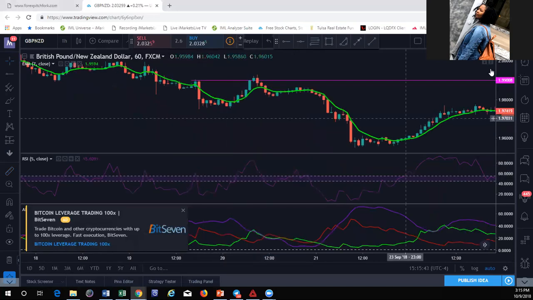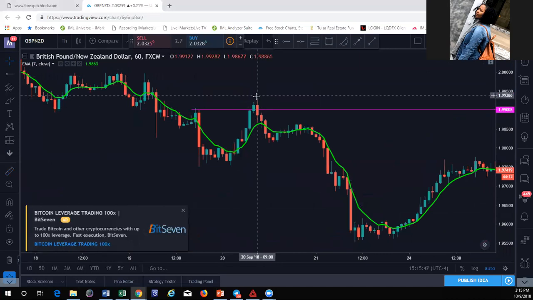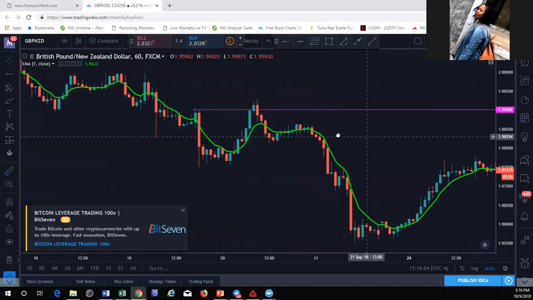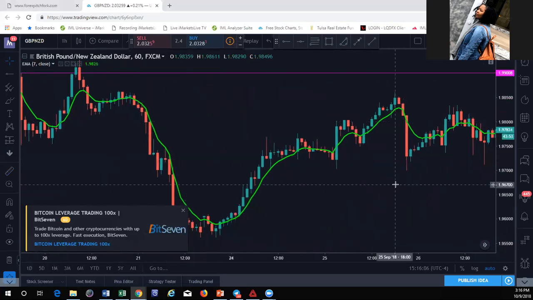So you could go with a 35 pip stop drawdown for a 300 pip gain. That's worth it to a lot of people. I know a lot of people who would definitely take that trade and be totally in love with that opportunity. So that is one example of GN with the teacup for us.